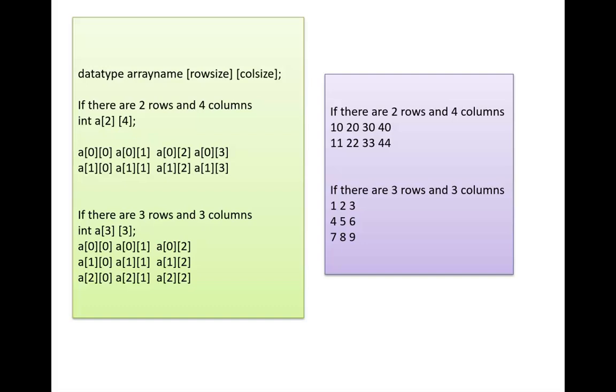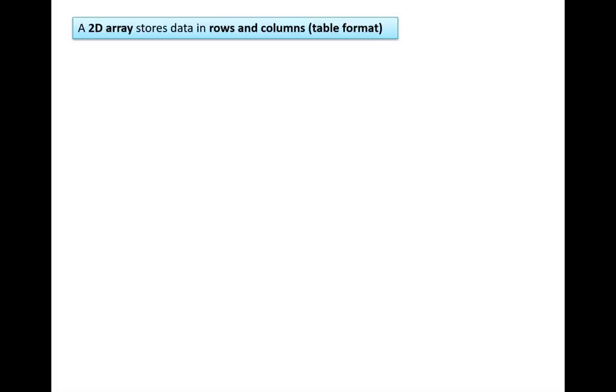Look at the example. 2 rows and 4 columns: 10, 20, 30, 40, 11, 22, 33, 44 are the data items found in 2 rows and 4 columns respectively. If there are 3 rows and 3 columns, 1, 2, 3, 4, 5, 6, 7, 8, 9 are examples of data items seen in the 3 rows and columns respectively.